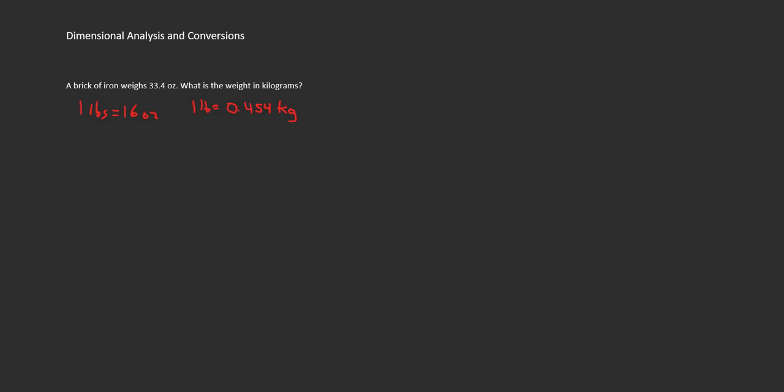So remember what I said. Always start with what you know, and what we know is 33.4 ounces. So that's where we'll start our dimensional analysis. So we've got 33.4 ounces out here. And we'll set up the first conversion. The first conversion we'll use is going from ounces to pounds.